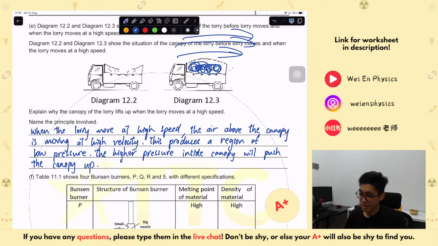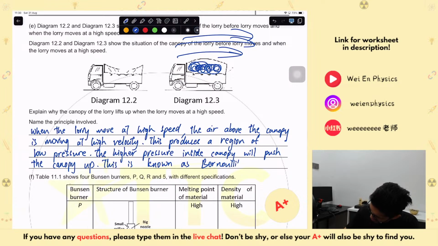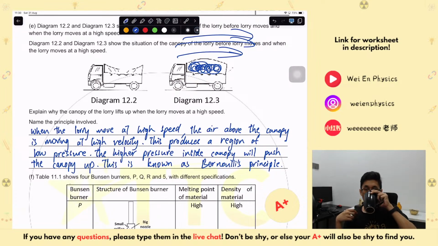Inside is higher pressure, outside lower pressure, so it will be pushing up. This is known as Bernoulli's principle.